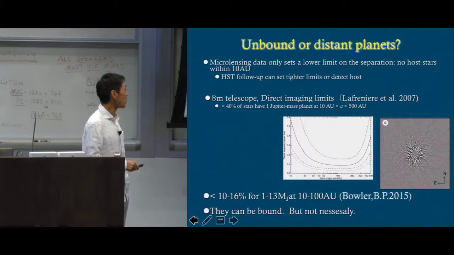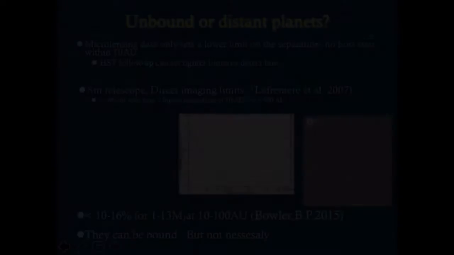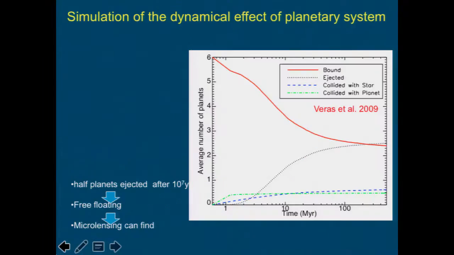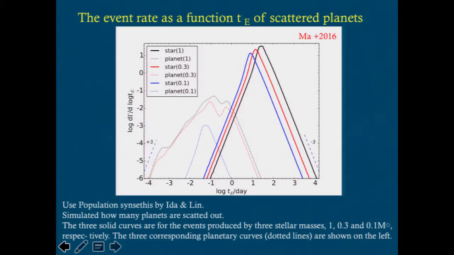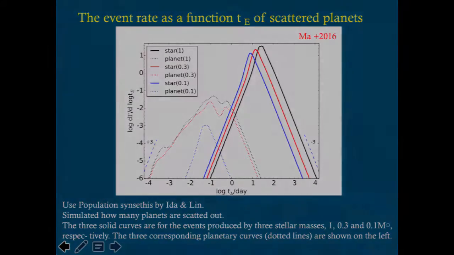So they can all be bound, but it's not necessarily so. And in this simulation by Ma and Mao, this region is the prediction based on the mass of the Earth and the super Earth, and this region is based on the Jupiter mass object. So there's still a chance for such objects to exist.